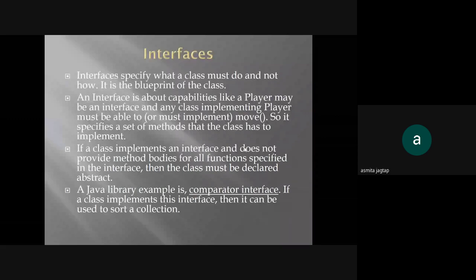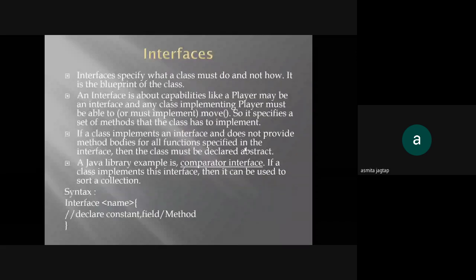When you write an interface, you have to implement it, and when you write an abstract class, you extend that class. And how do you identify whether it is an abstract class or not? If abstract is written with the class name, and interface is written with the interface name, that is the syntax.